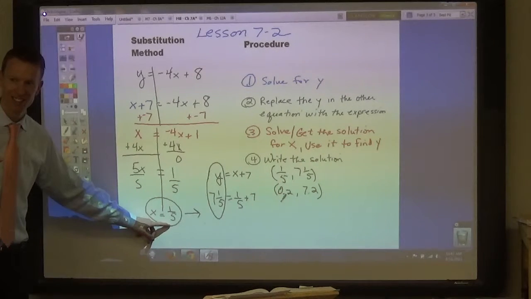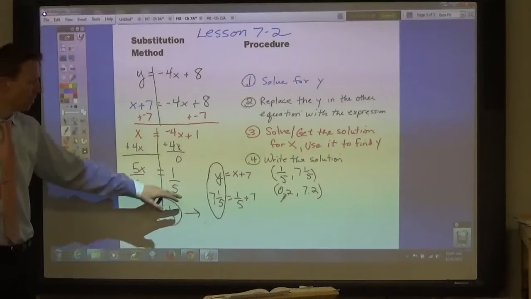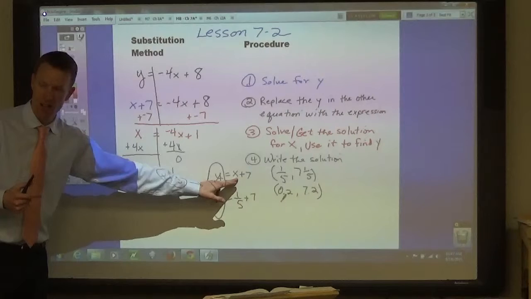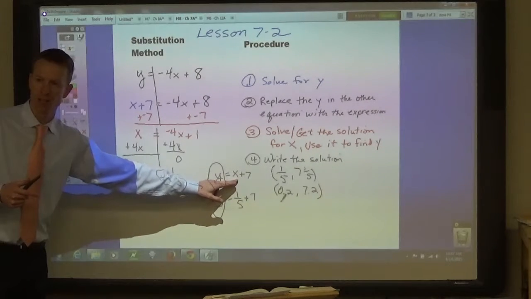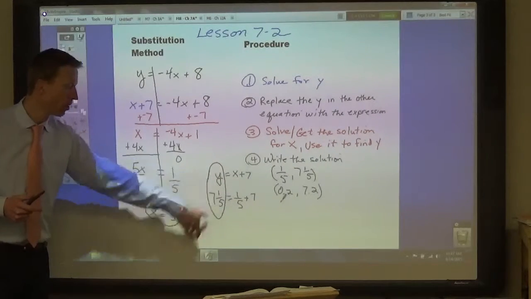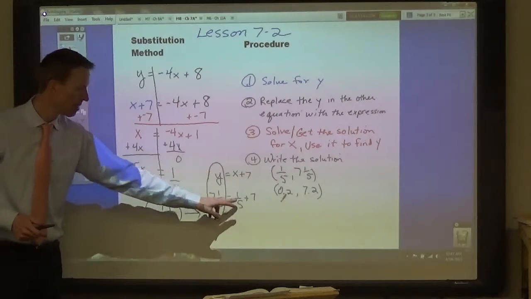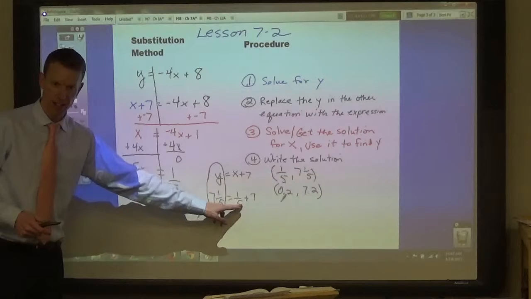And then put that number in its place in the other equation, so that you can find what the other variable equals.